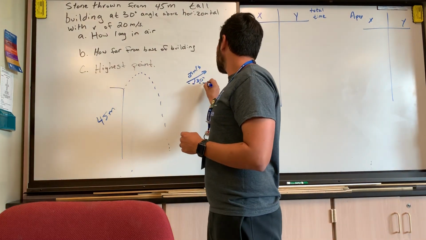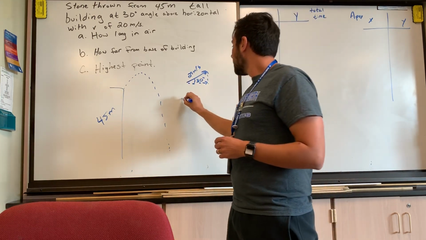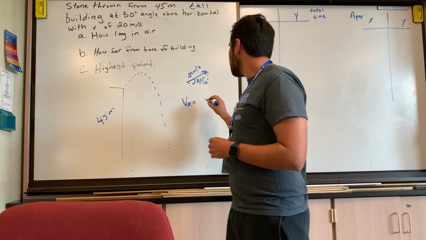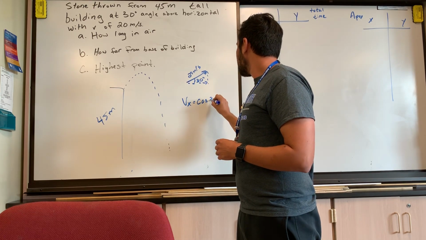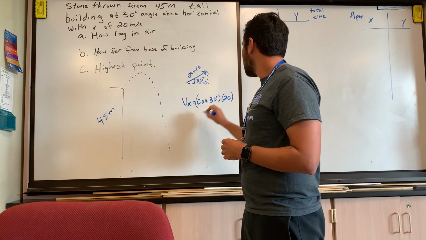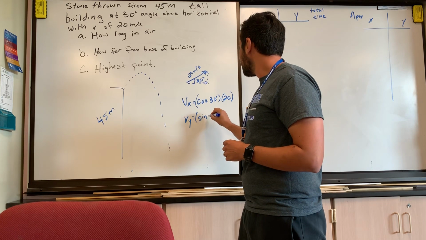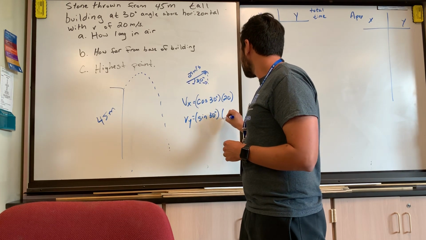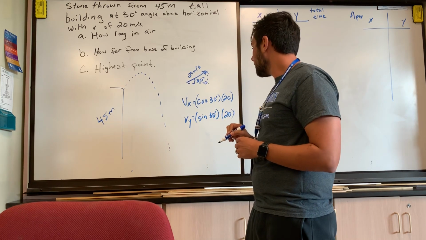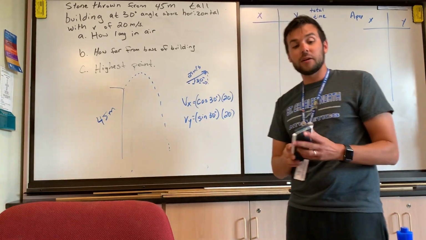Using my trig rules, SOHCAHTOA, I know that my Vx is going to be cosine 30 times 20, and my Vy will be sine 30 times 20.